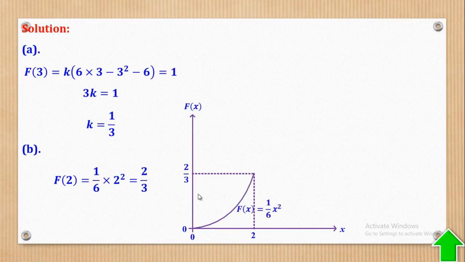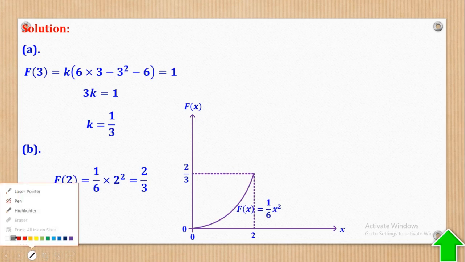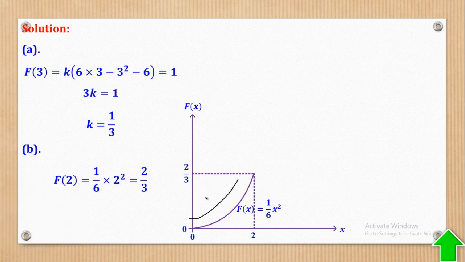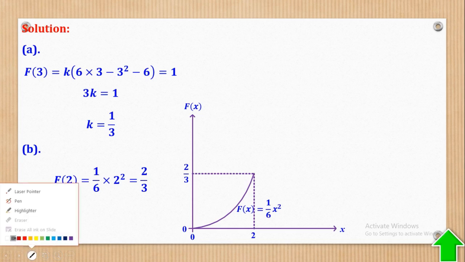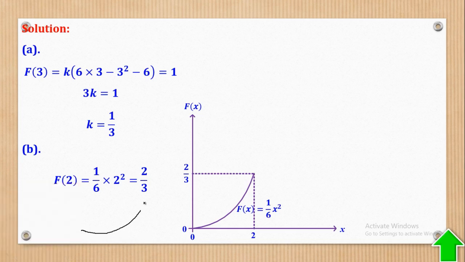So I think you realize that this is a curve. Now how do you know that it is of this shape? Why is it not of this shape? For you to know, you look at the coefficient of x squared. The coefficient of x squared is positive, meaning that whenever the coefficient of x squared is positive, the shape has to be in this form.